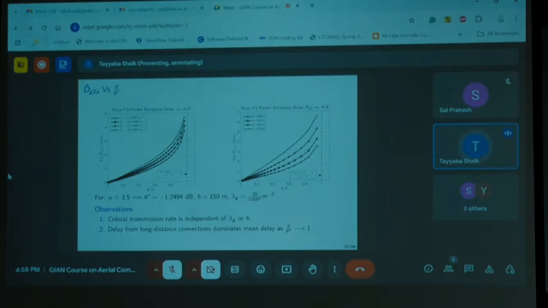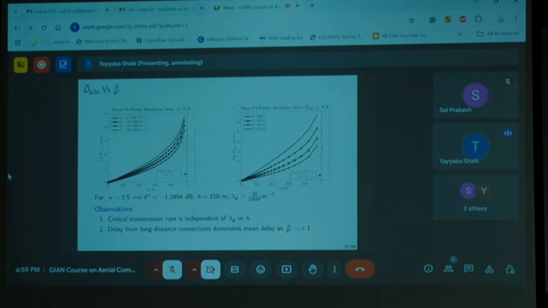It is not a function of base station density or the height of the UAV. That is exactly why for any UAV height, once you cross this threshold, the mean delay is infinite. Similarly, for any lambda g.